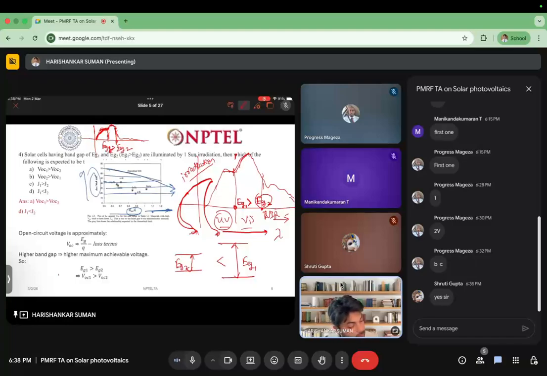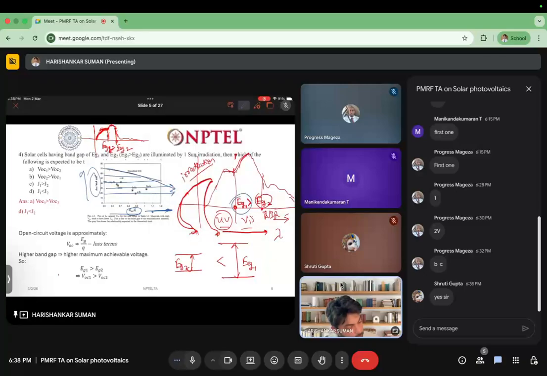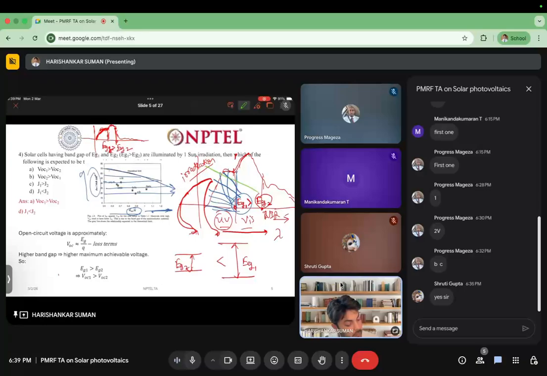So this first cell absorbs only this part of the spectrum. Got it? Only up to here, the band gap. Beyond this it will not absorb, because the energy is less than the band gap. Correct? And the second will absorb from here, both the first part and up to here.